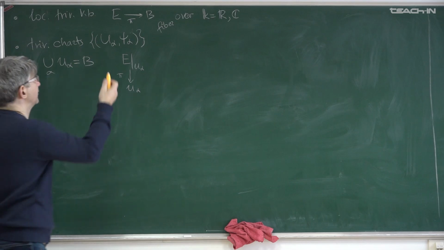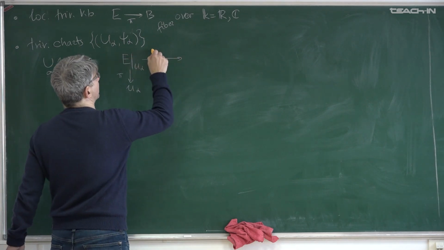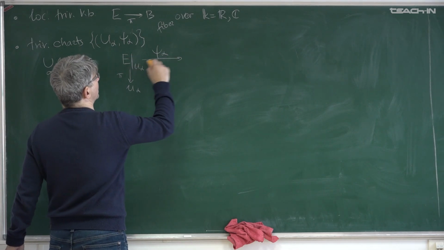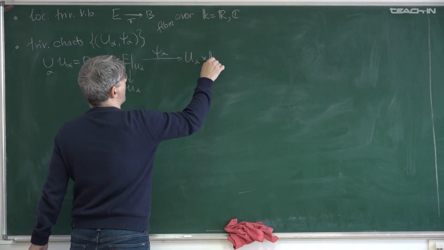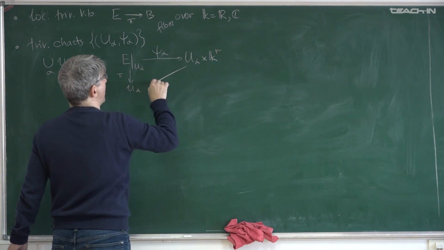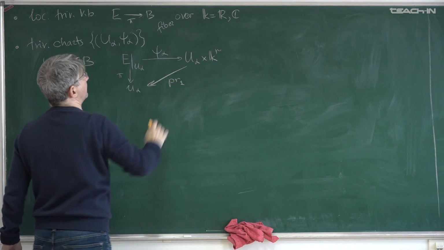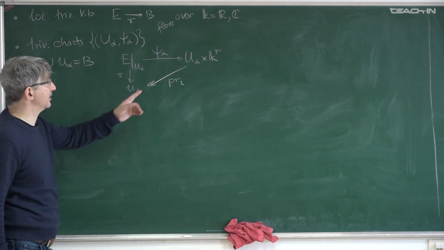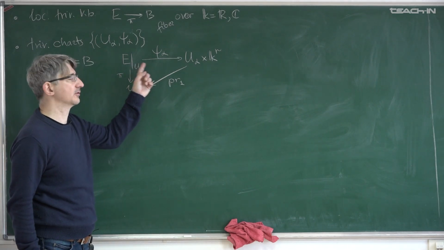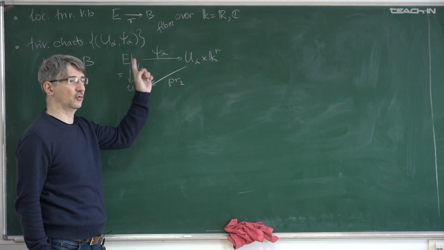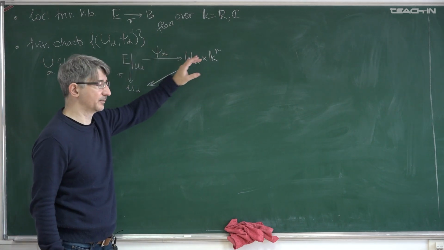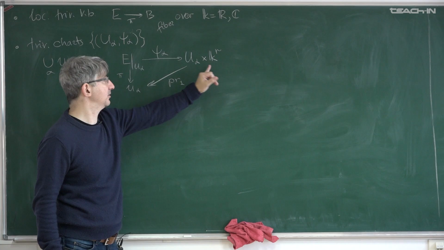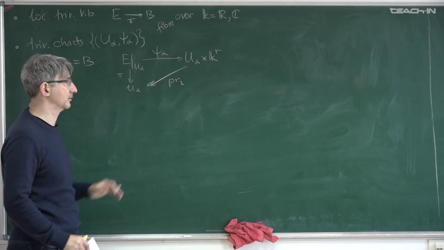It means that psi alpha is a fiber-wise diffeomorphism. What is important here is that psi alpha preserves the structure of the vector space over the fibers. It's not just a diffeomorphism, but it preserves the structure of vector space here and here over each point.